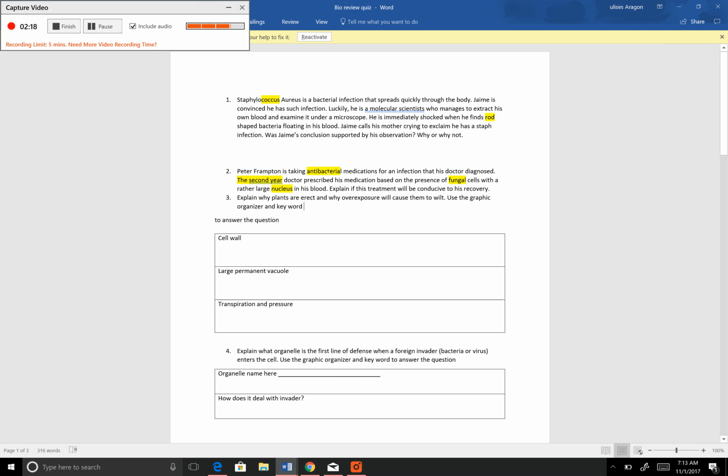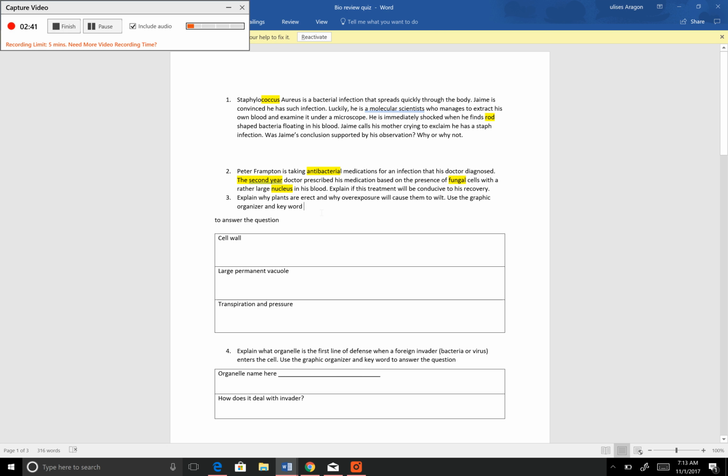So, because it had a nucleus, it could not have been bacteria. So therefore, giving the patient antibacterials is not going to do anything, because it's like saying that you're going to have somebody trained to hunt cats, but you don't have a cat problem, you have a dog problem, right? It's not really going to do anything.